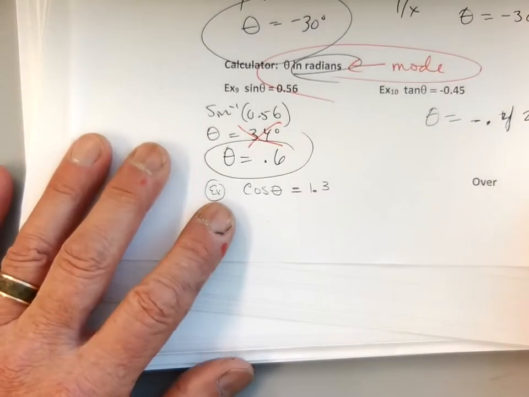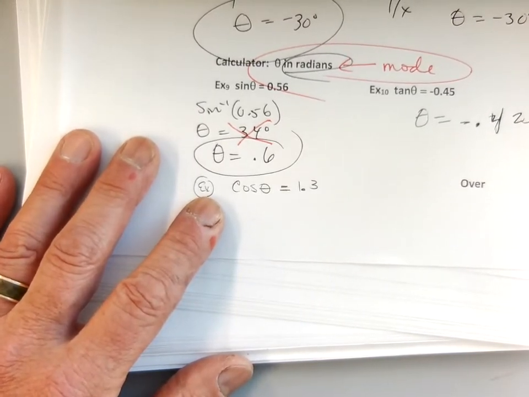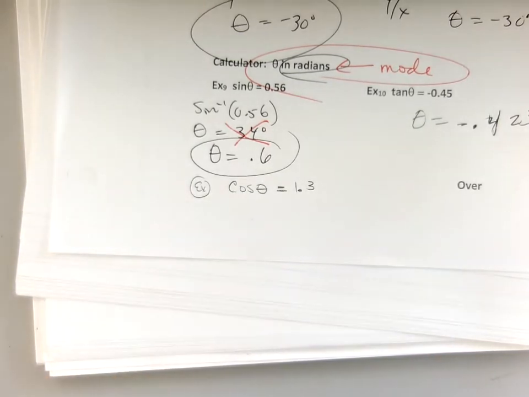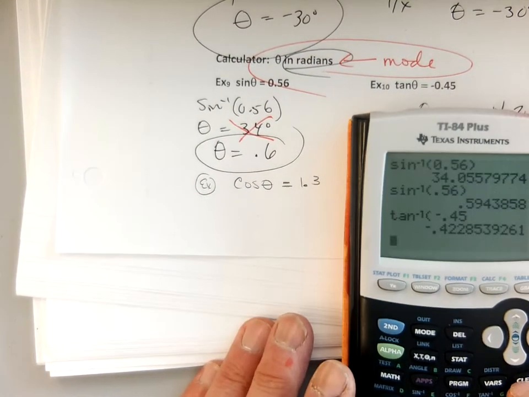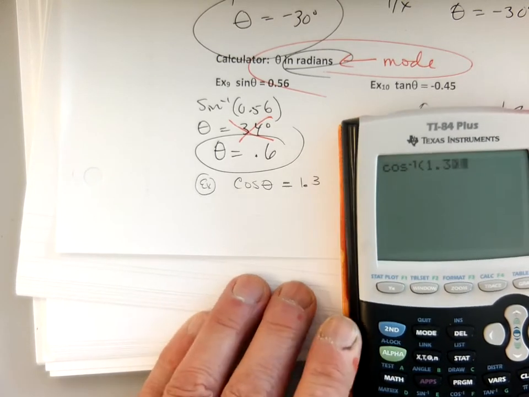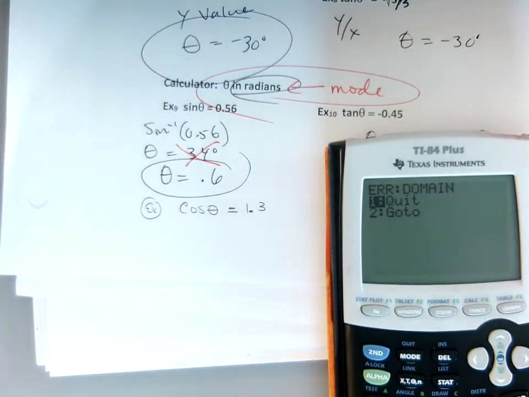Okay, last example on this side, cosine inverse of 1.3. So how about this one? Well, if I go cosine inverse of 1.3, it says what? Domain error. Now, why would that be a domain error?